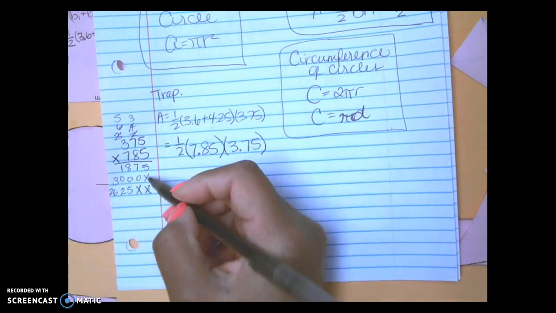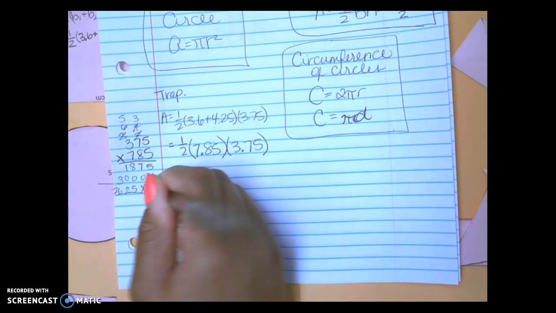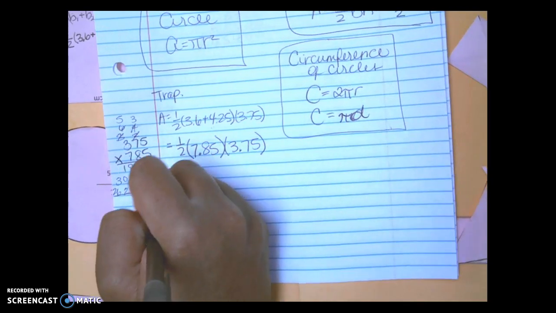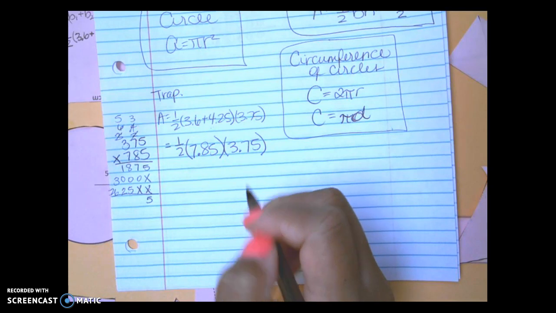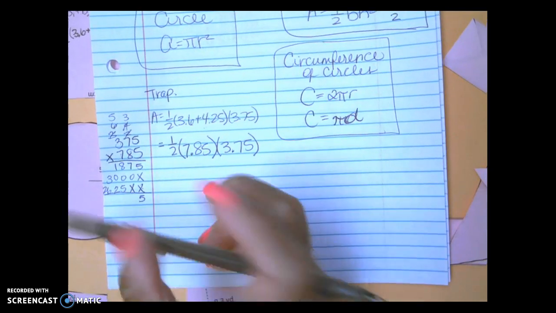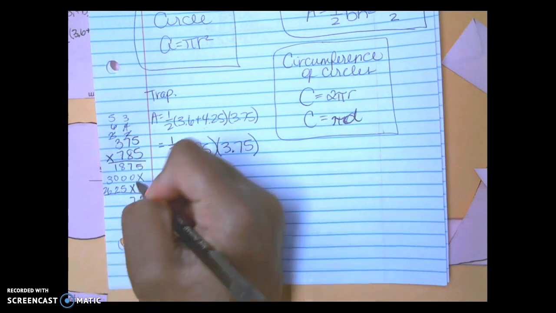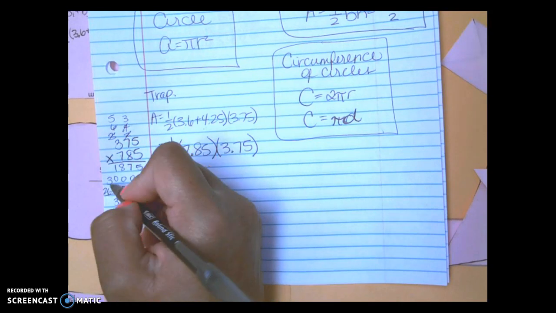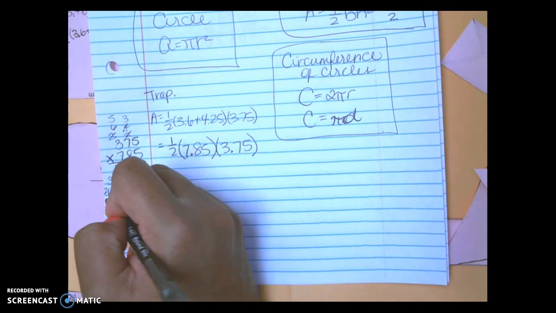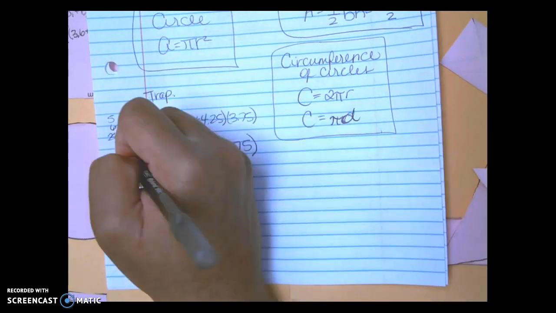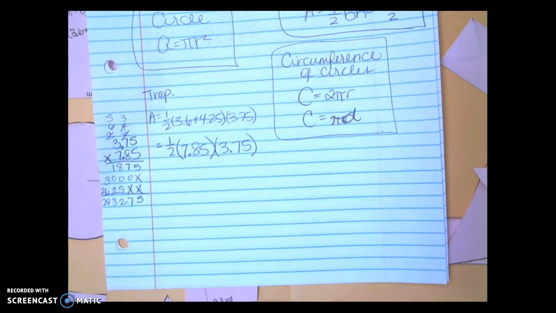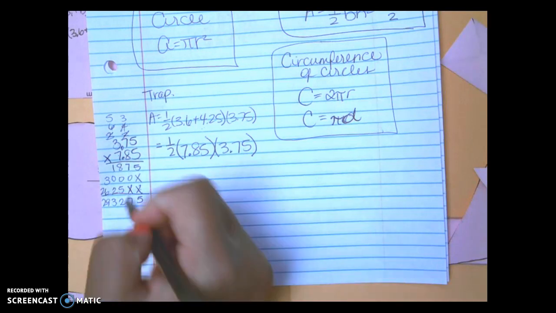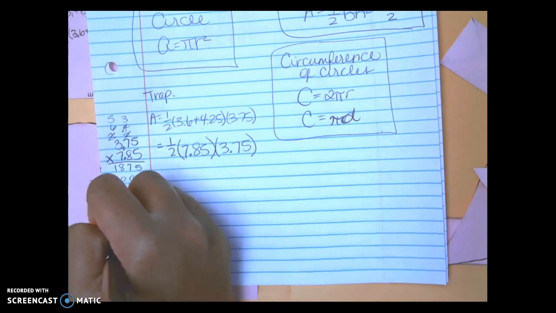Add. 293,275. Don't forget your decimals. How many numbers do I need after my decimal? 4. 1, 2, 3, 4.